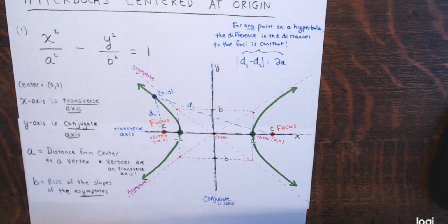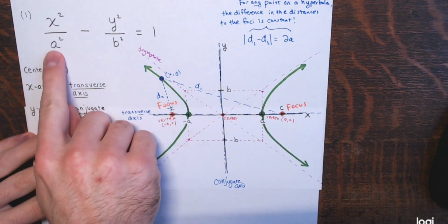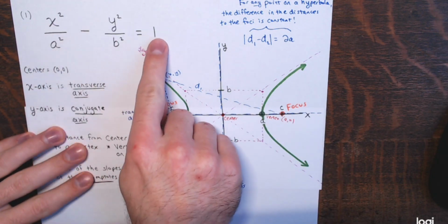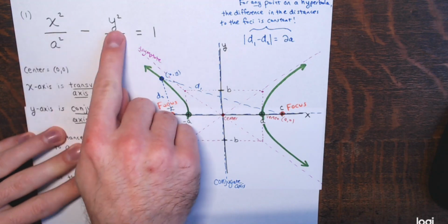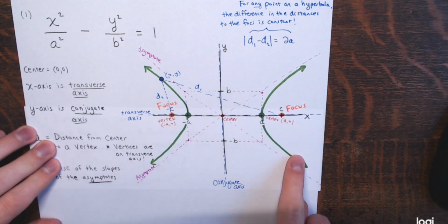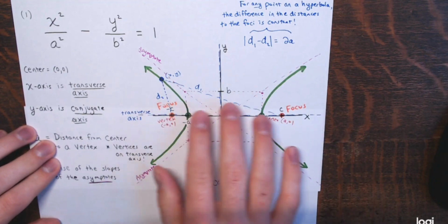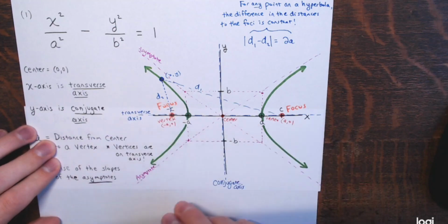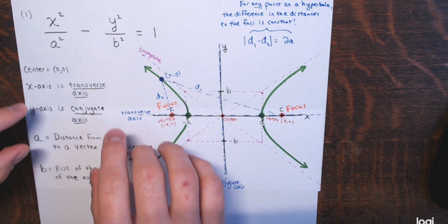And this was the first one. x squared over a squared minus y squared over b squared equals 1. Again, if the x squared term is first, is positive, and y squared is the negative coefficient, your branches of the hyperbola open left and right. They oppose each other this way. The transverse axis is the x-axis. Well, for the second case, all the letters will mean the same stuff.